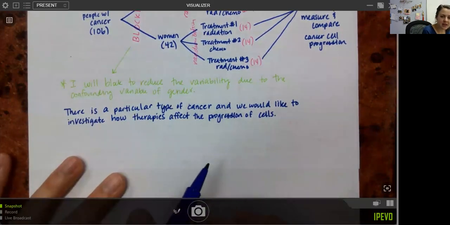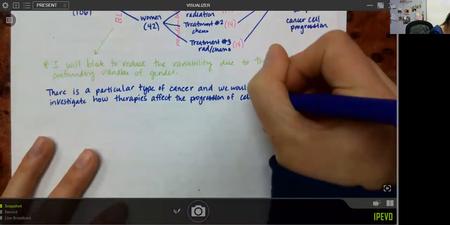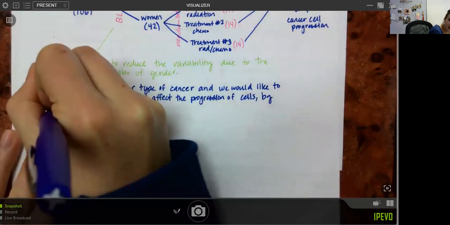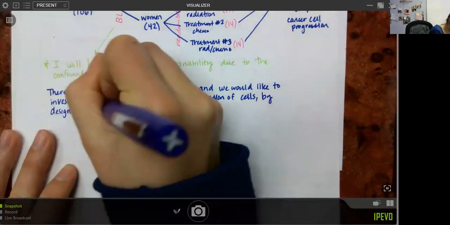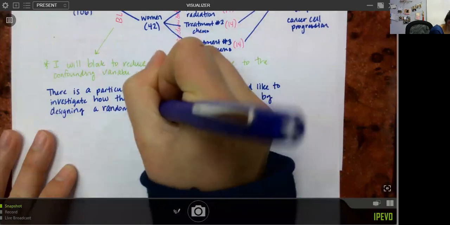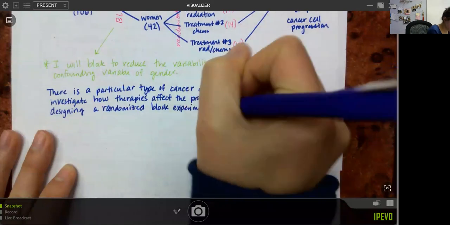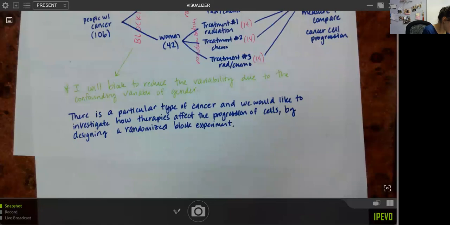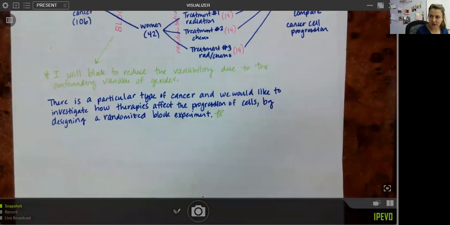We would like to investigate how therapies affect the progression of cells by designing a randomized block experiment. And that's where if you wanted to say why, if you wanted to say I'm blocking on gender, then if you want to add in that sentence there, you can.